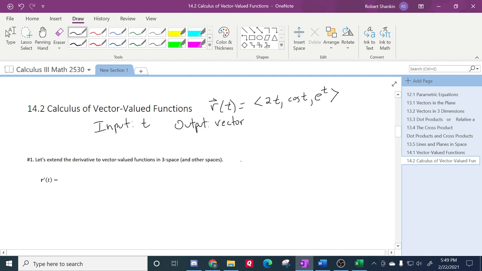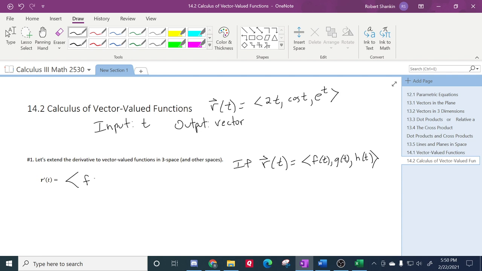So if r of t is f of t, g of t, h of t, then r prime of t could be just what Sue is saying, which is just take the derivative of each one.